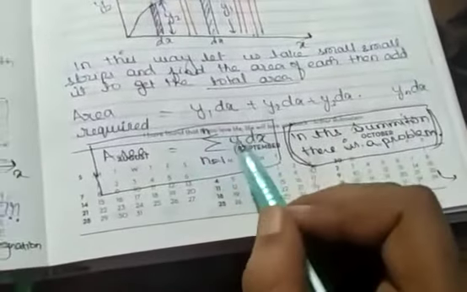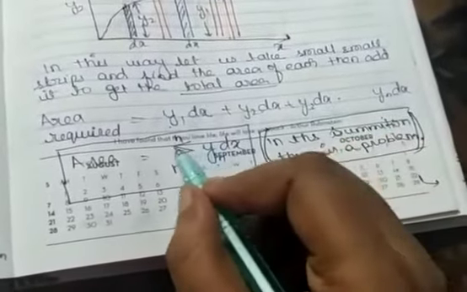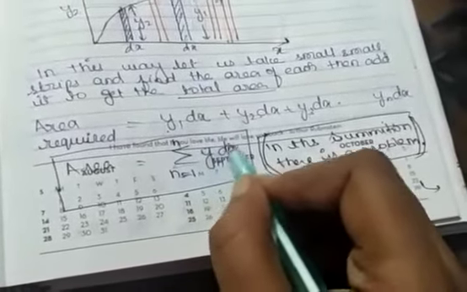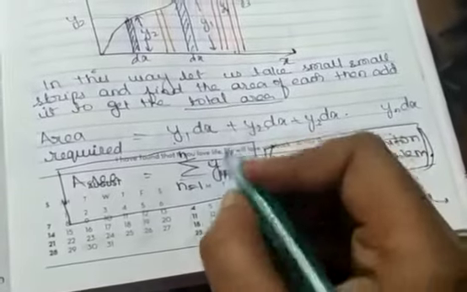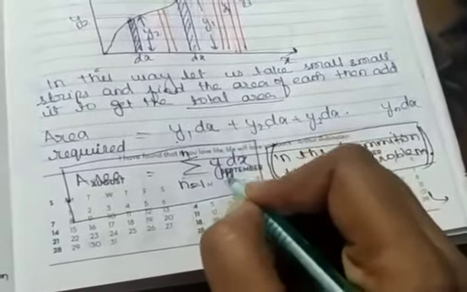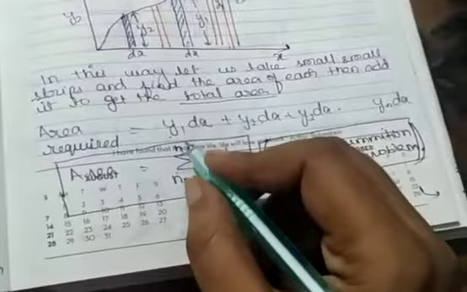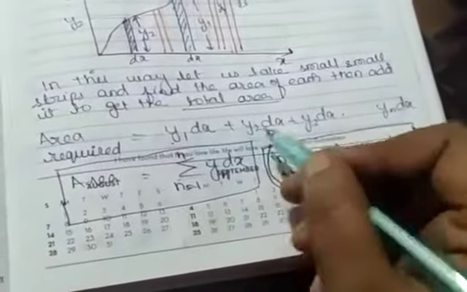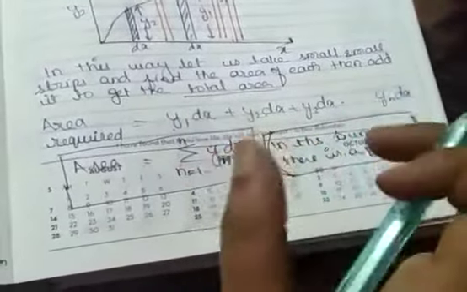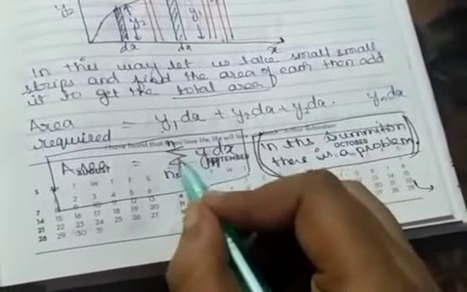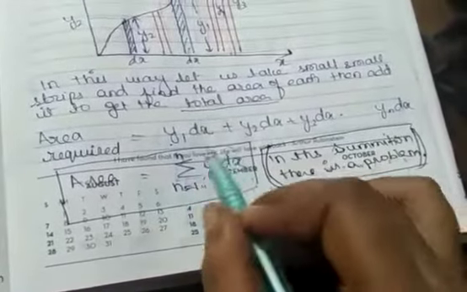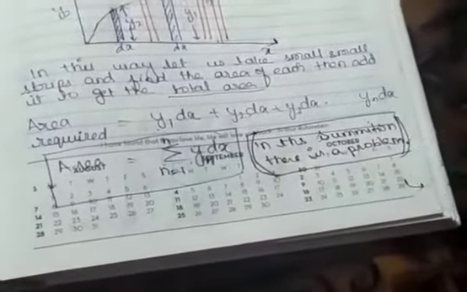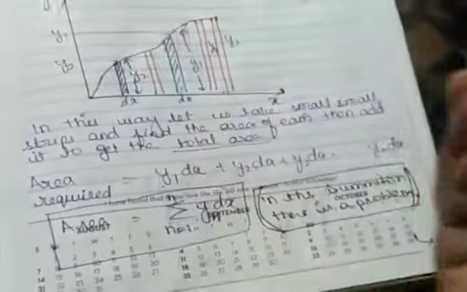Can I write this in a contracted form as summation of y dx, where in the subscript of y there will be n, and n varies from 1 to n? Let me see, 1, then 2, then 3. So this whole expanded form I can write like this, as a summation. But if you see, there is a problem in this summation also. When I am adding all the areas, there is a problem.